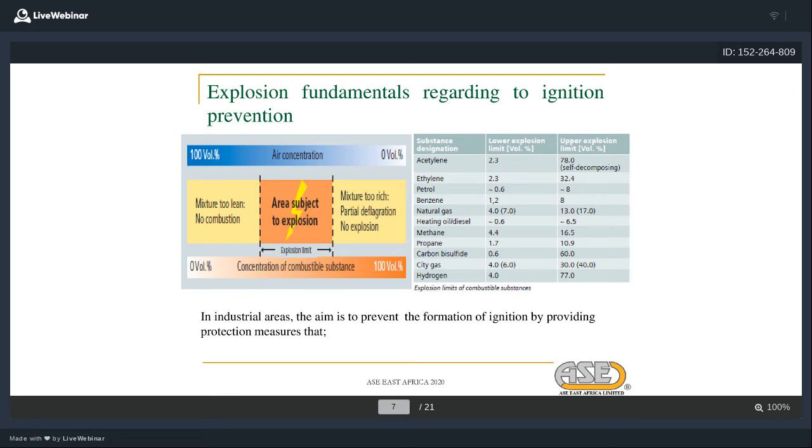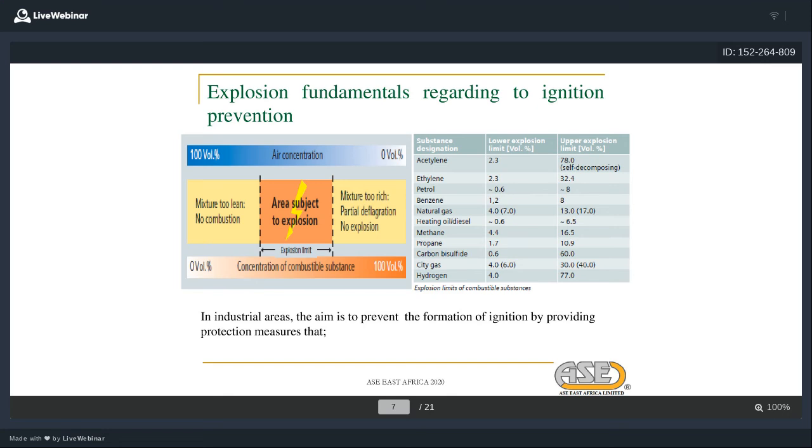All of these have lower and upper explosion limits, and we see they are different. A material with a small range of explosion limits is not as hazardous as a material whose range is very high, for example 2.3 to 78.